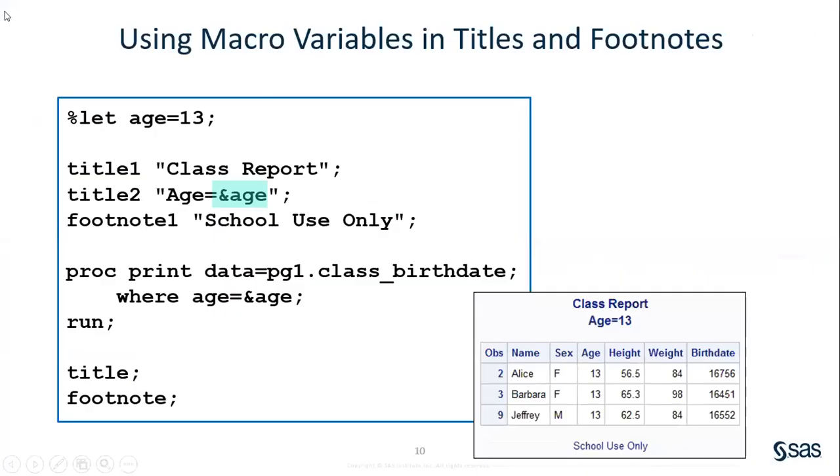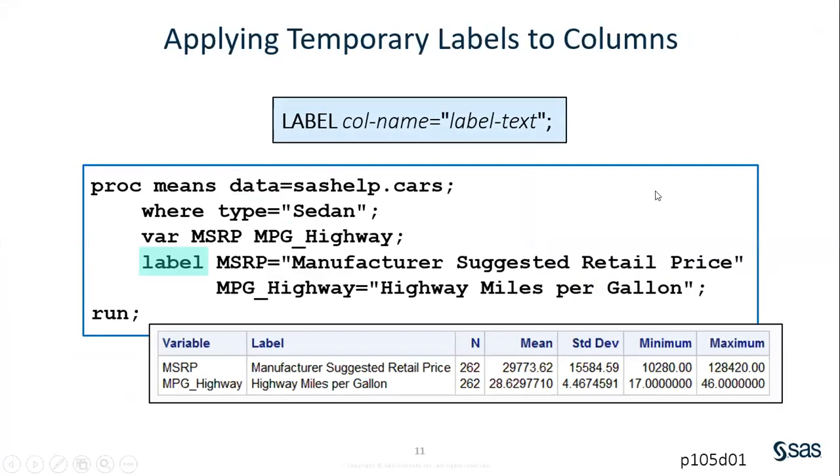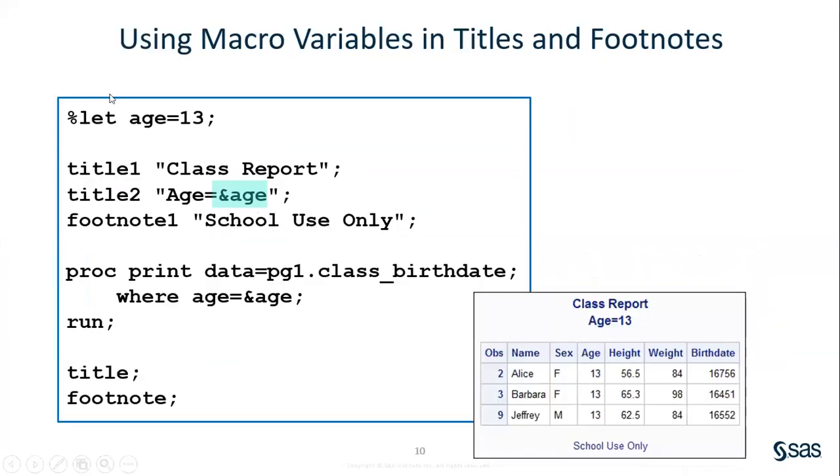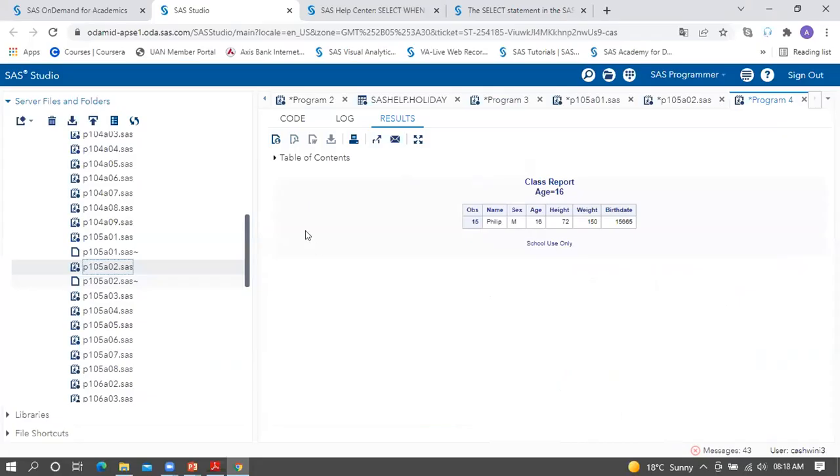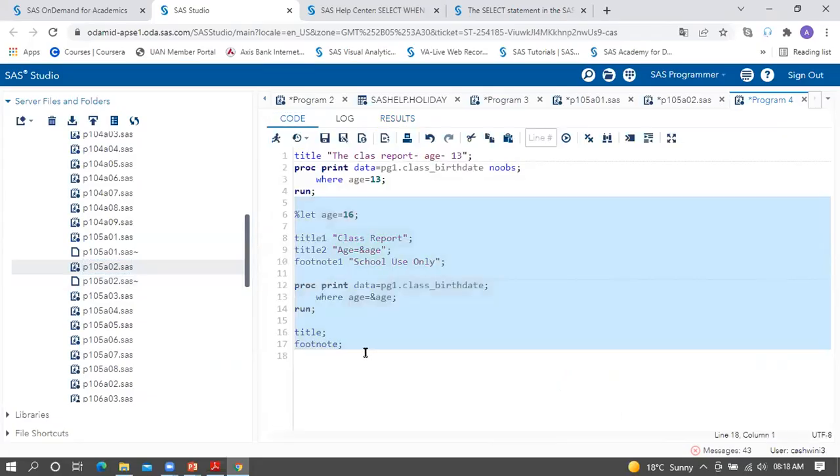So this is using macro variables in titles and footnotes. Now, if you want to practice this, you can try it also. I'll give you this code in the chat box. One sec. Just have some hands-on so that you are confident to work with your upcoming topic. So I'll just put it here.